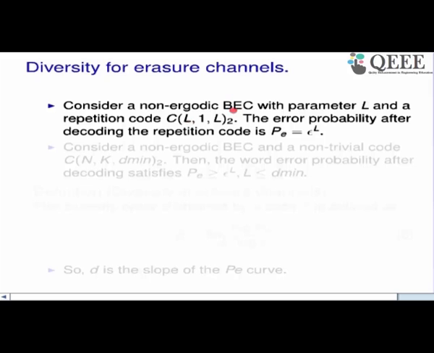It is equal to the number of repetitions and also the number of blocks in the non-ergodic channel. It is very simple from the previous argument that the probability of error here is epsilon power L. So again we confirm that degrees of freedom is very important from a probability of error perspective.